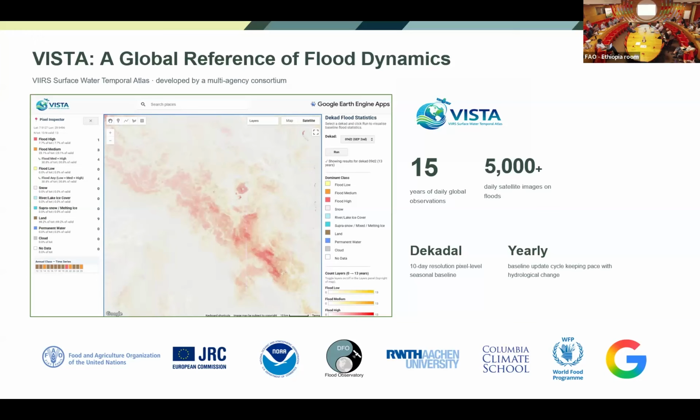We are working on that. Processing is currently ongoing. It takes weeks. We haven't published anything for the moment, but after the summer we really plan to publish the data set, and of course the code base. We are working on a paper. This initiative is coordinated by us in FAO and the Joint Research Center of the European Commission, but there is active participation of a number of actors from NOAA, of course, the Dartmouth Flood Observatory, Hokkaido University, Columbia Climate School, and WFP.